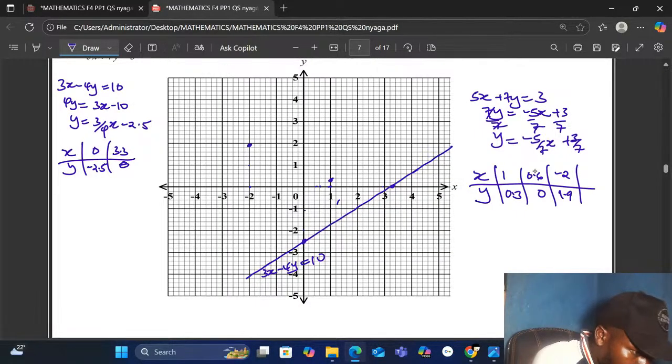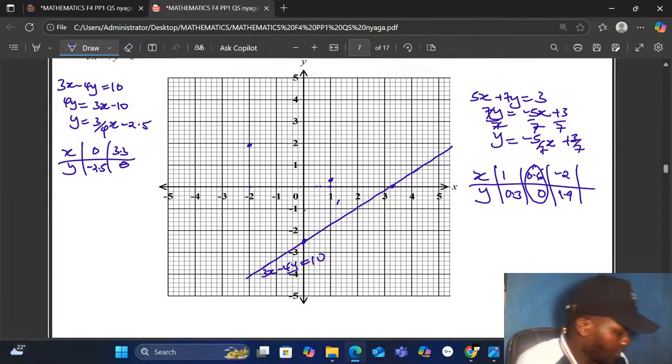I think we can ignore this one, 0.6 and 0, so that we can still use the 2 points to have our straight line.